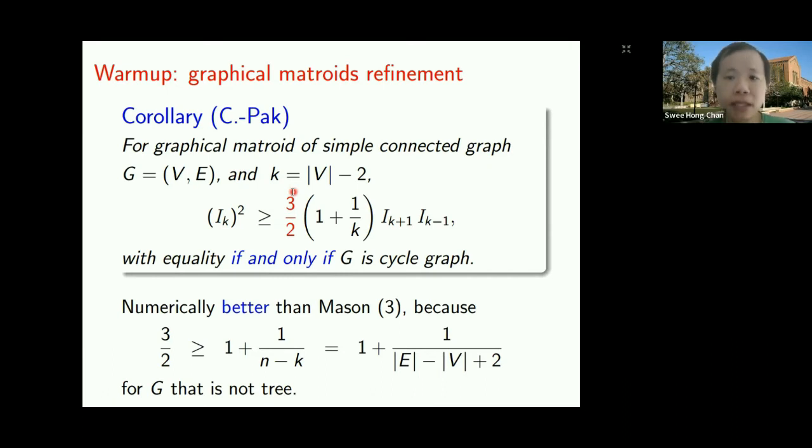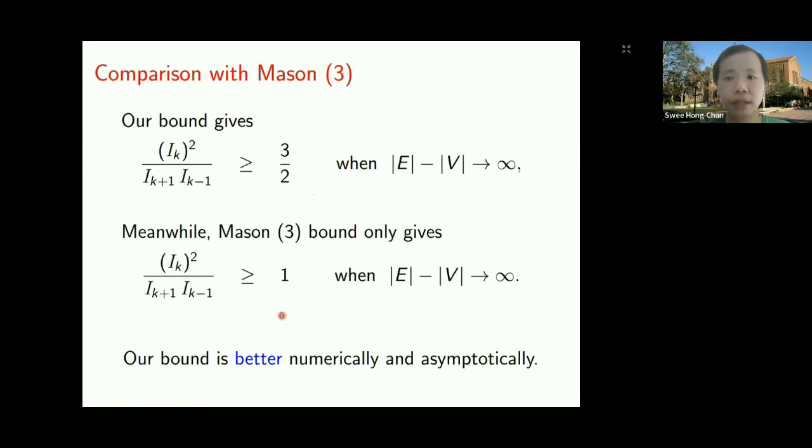I claim that this new inequality is numerically better than Mason 3, because we can show that this constant 3 over 2 is always greater than or equal to 1 plus 1 over n minus k. Not only that, I also claim that this inequality is asymptotically stronger in the following sense. Suppose that the number of edges or number of vertices goes to infinity.